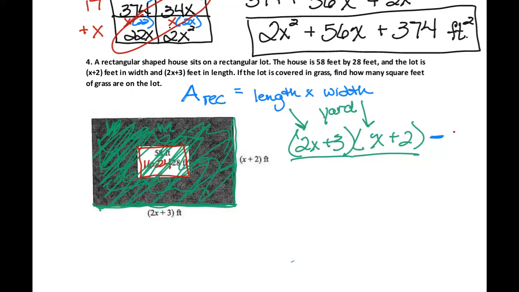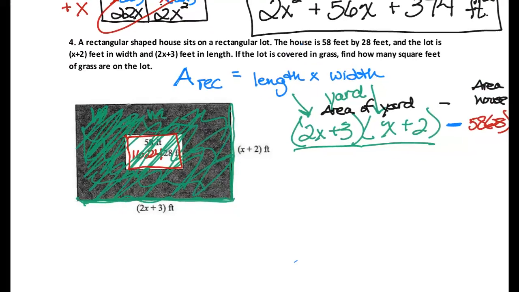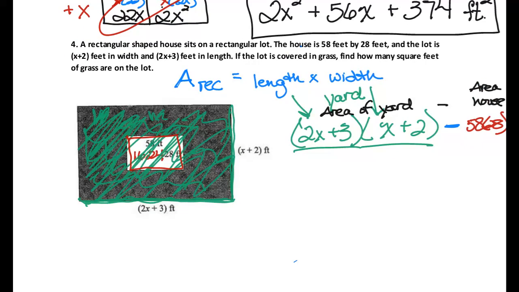I better put this over here, 58 times 28. So this is the area of the yard, and then we are going to take away the area of the house. So this we know is 1,624.